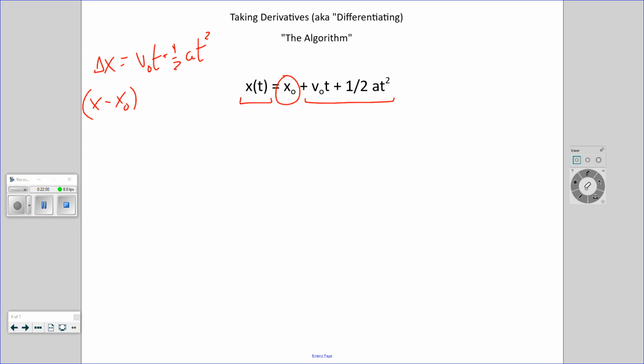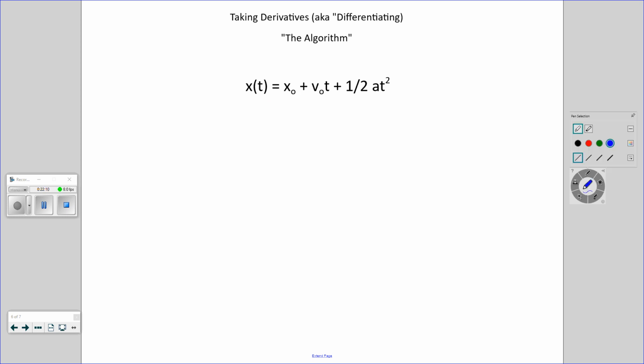It's worth noting that what this really contains, without saying it, is a term with t to the 0, t to the 1, and then t to the 2.